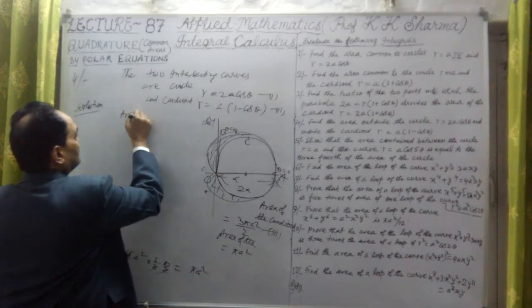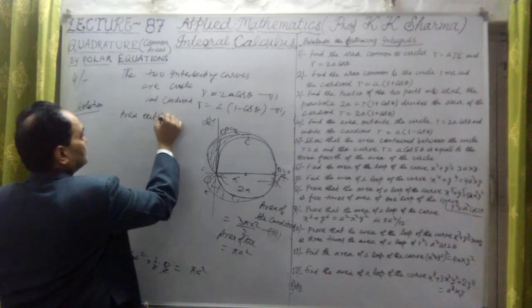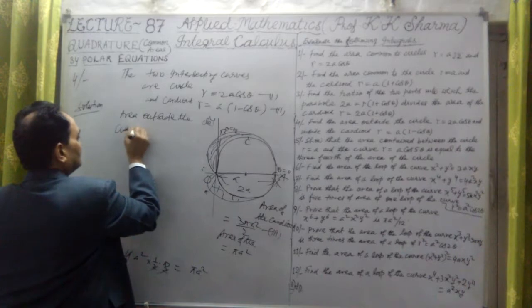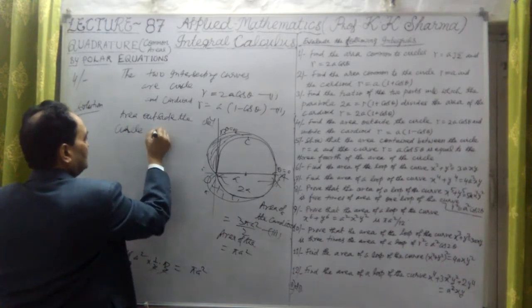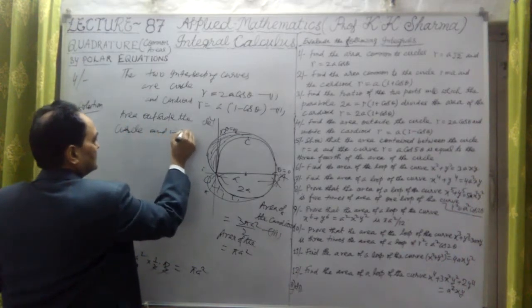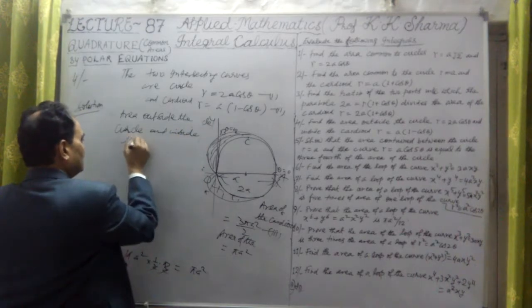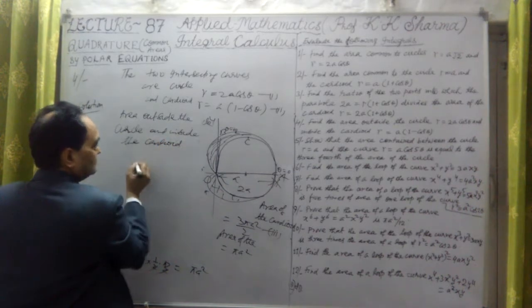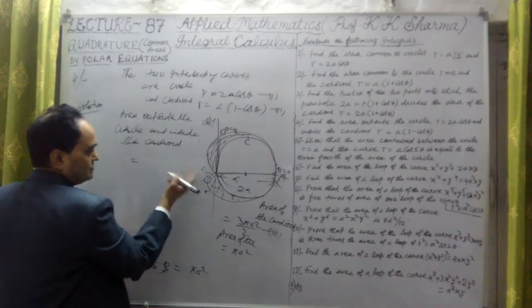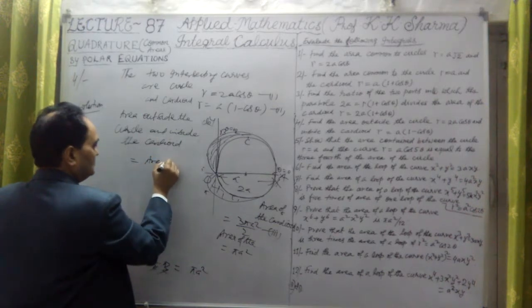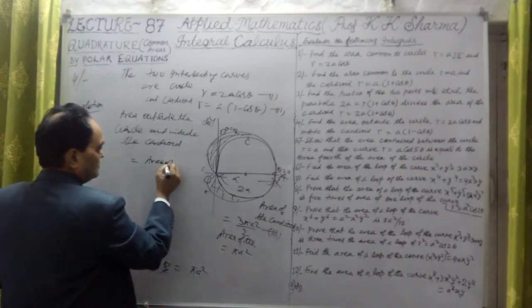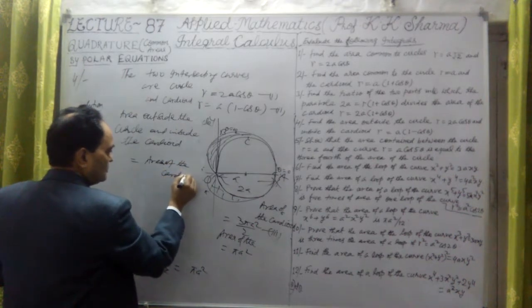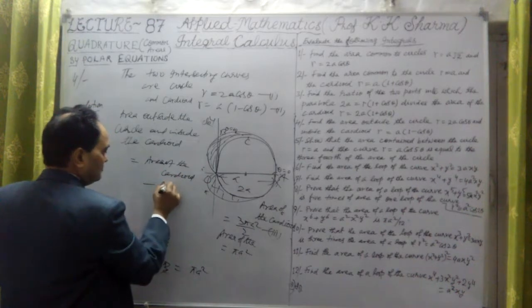Area outside the circle and inside the cardioid is equal to area of the cardioid minus area of the circle.